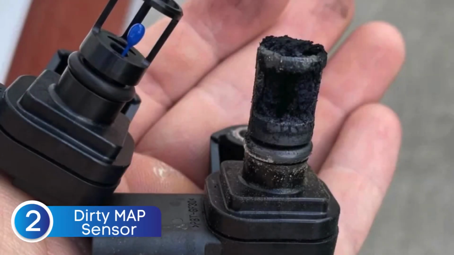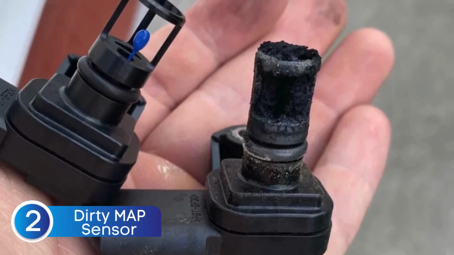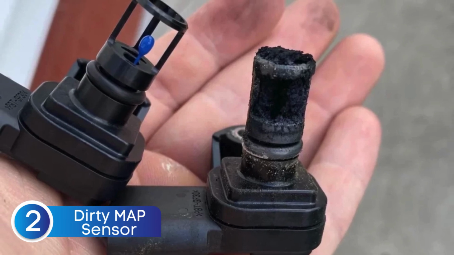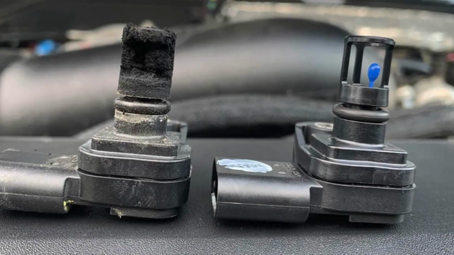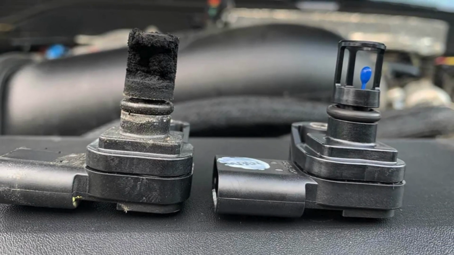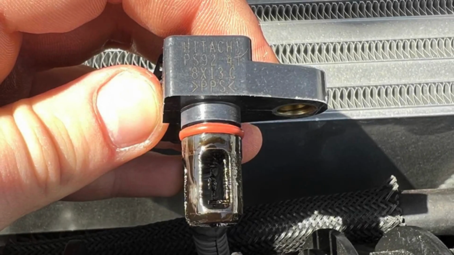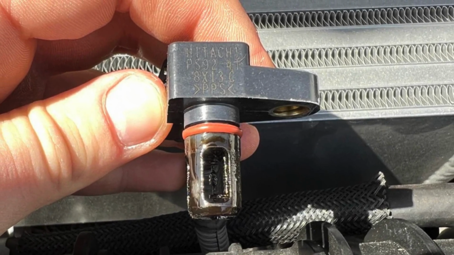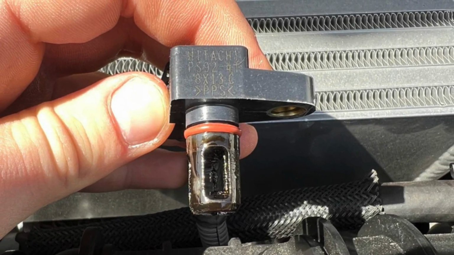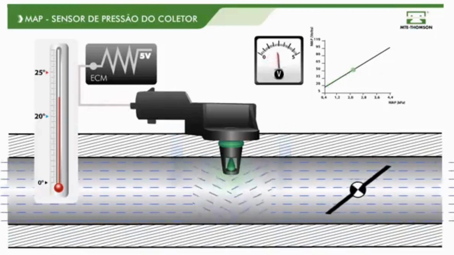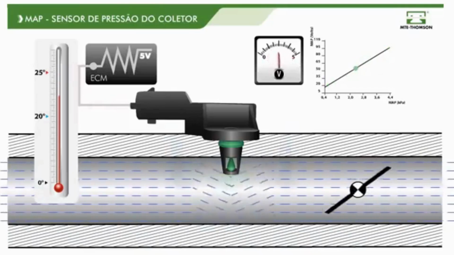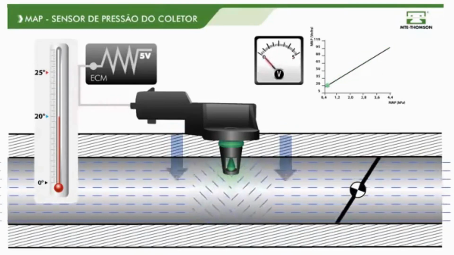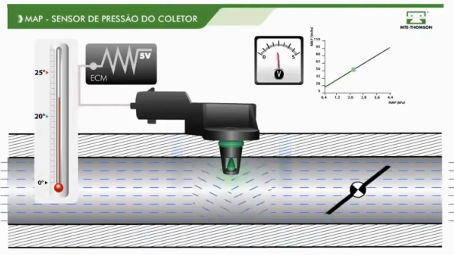Next, another very common cause of the P0105 code is a dirty MAP sensor. Over time, dust, oil vapors, and other contaminants from the intake system can build up on the MAP sensor's sensing element. Since the sensor is constantly exposed to incoming air, contamination is more common than many people realize. When dirt and oil accumulate on the sensor, it can no longer accurately measure intake manifold pressure.